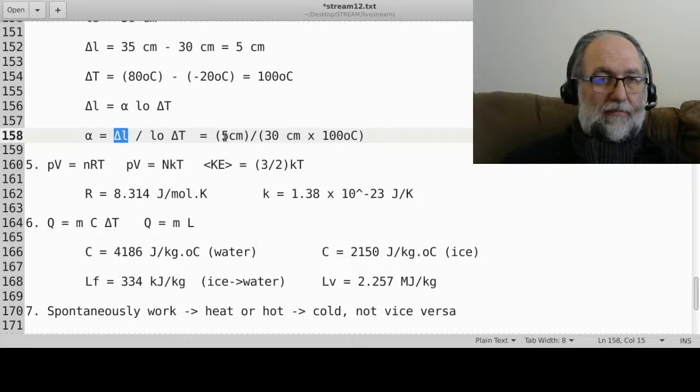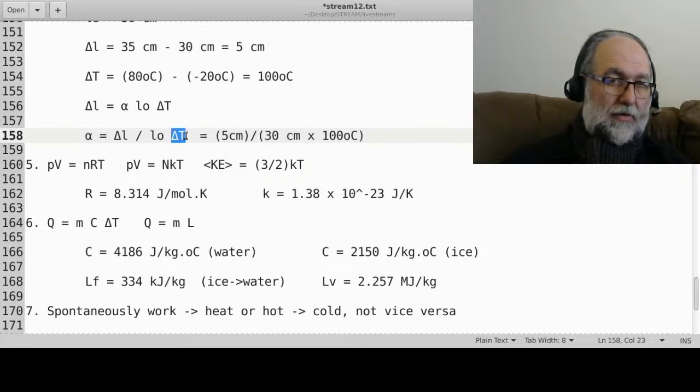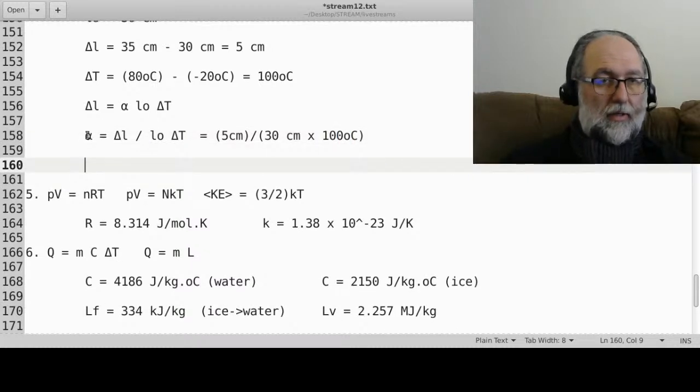So delta L, it expanded 5 centimeters. L naught in the denominator was 30 centimeters. And also in the denominator is delta T, the change in temperature. That's 100 degrees Celsius. Okay. And what's that going to equal?